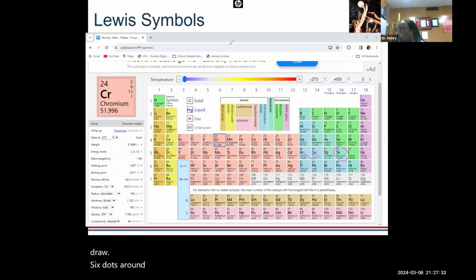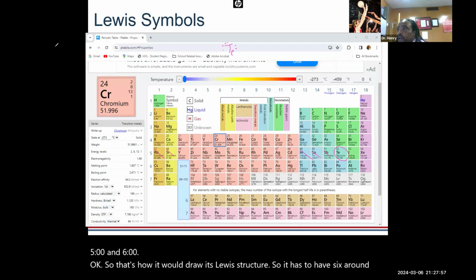So then we're going to do 1, 2, 3, 4, 5, and 6. Okay, so that's how we would draw its Lewis structure. It has to have 6 around it.